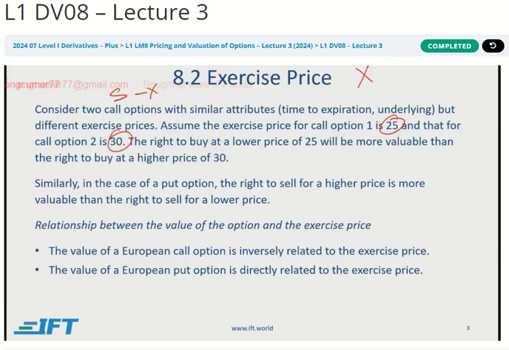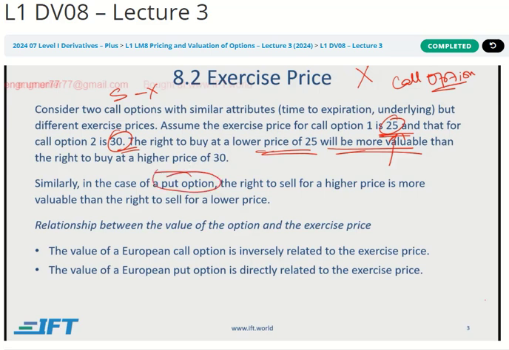And when we're talking about an exercise price for a call option, this basically means that it gives us the right to buy this asset. So would you rather have the right to buy an asset for 25 or 30? Definitely 25, right? So the lower the price, the better, because this is our purchase price. So a lower price of 25 will be more valuable. Therefore, for call options, the lower exercise price is better.